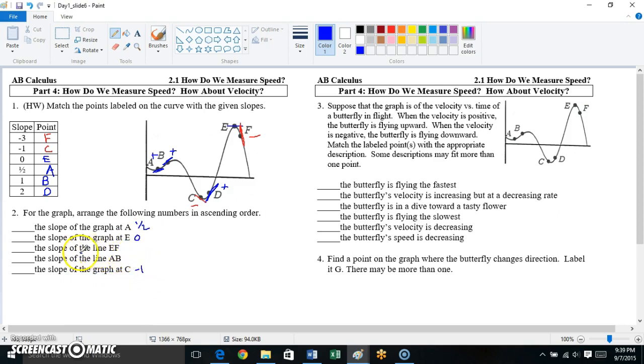So now let's think of the slope of the line EF and the slope of the line AB. All right, so the slope of the line EF, I should probably use the line tool. Maybe that would be better.